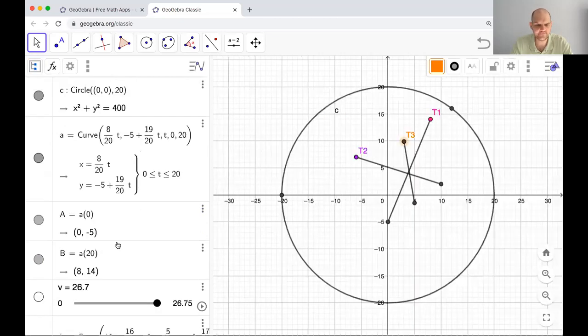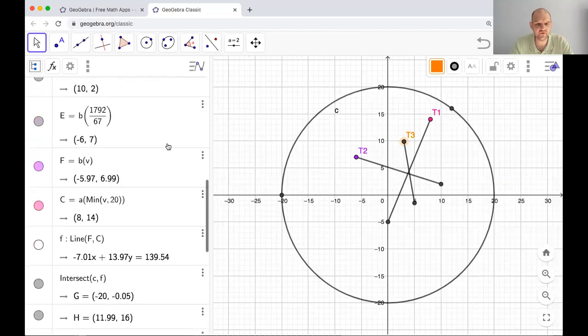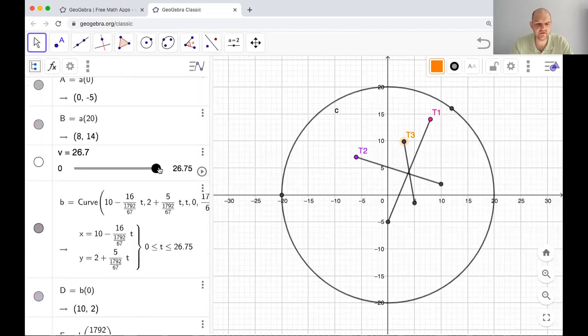All right, can I move this? Where's the slider? There we go. Very nice. Now, why does T3 sit underneath its starting point and ending point instead of above it? That is not a problem that we need to solve right now.